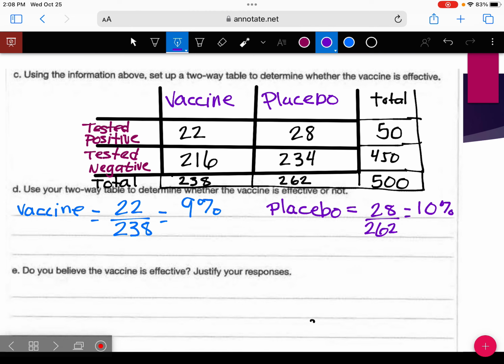So now an opinion. Is it worth it? Is this vaccine effective? I don't know.